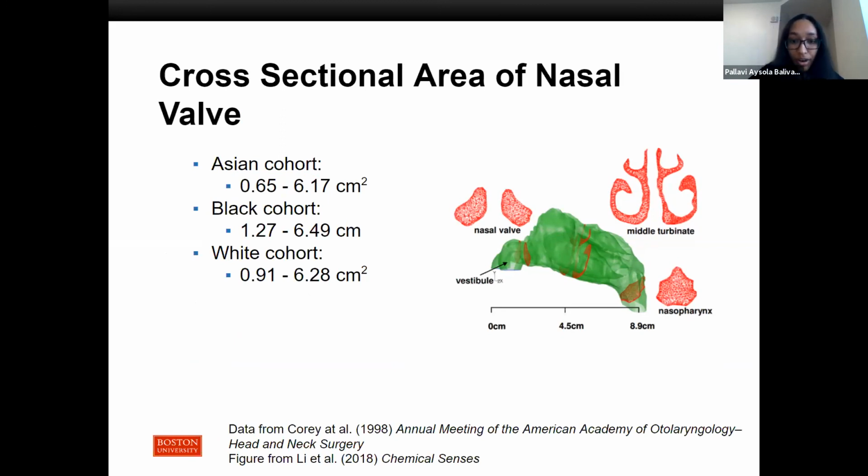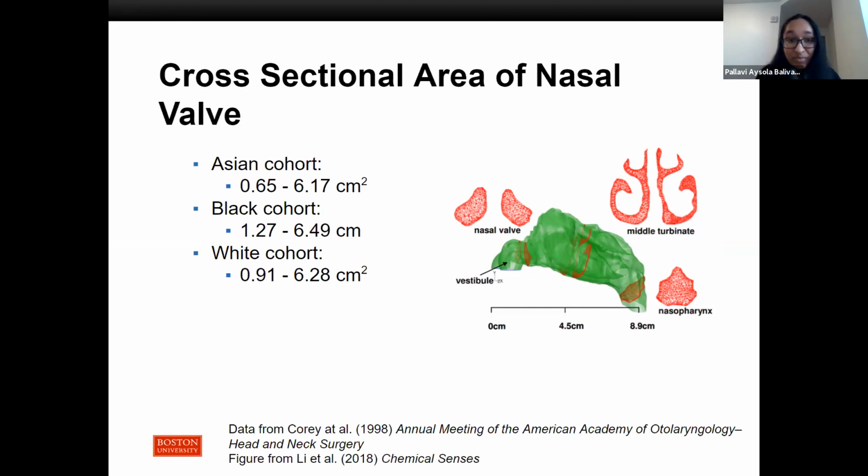So this is an example of the kind of statistics we found. These are ranges for the cross-sectional area across 3 different groups of race. And essentially we have tons more data sets like this identified. So we really hope that this analysis has laid the groundwork for generating a really inclusive and globally representative set of synthetic nasal models.